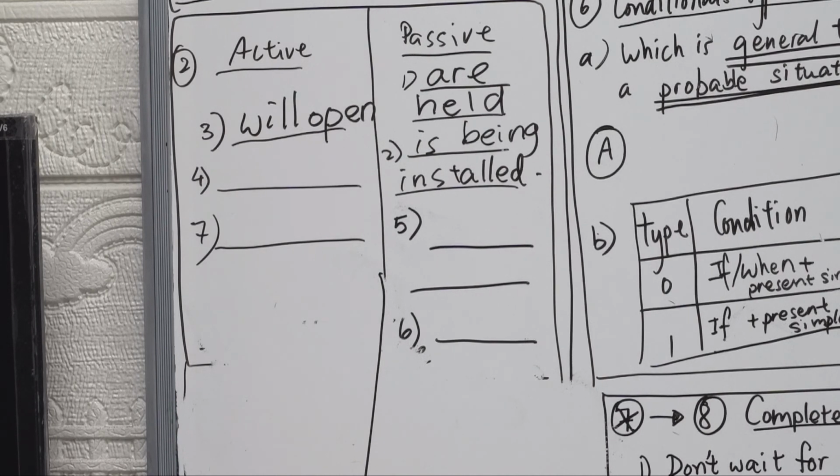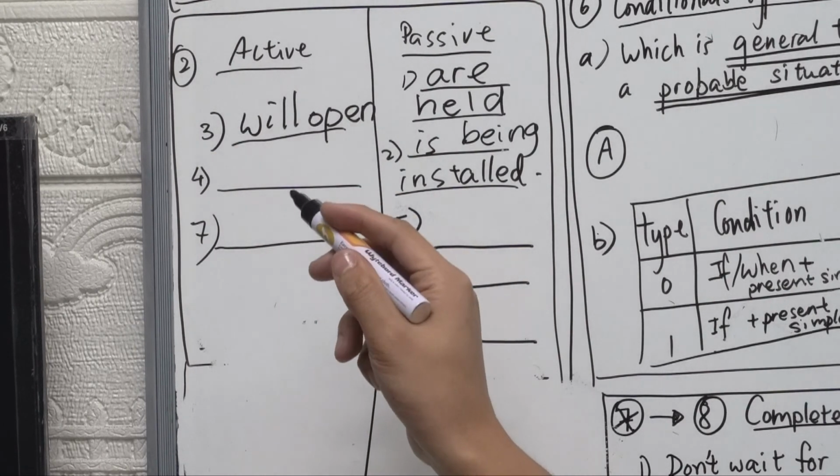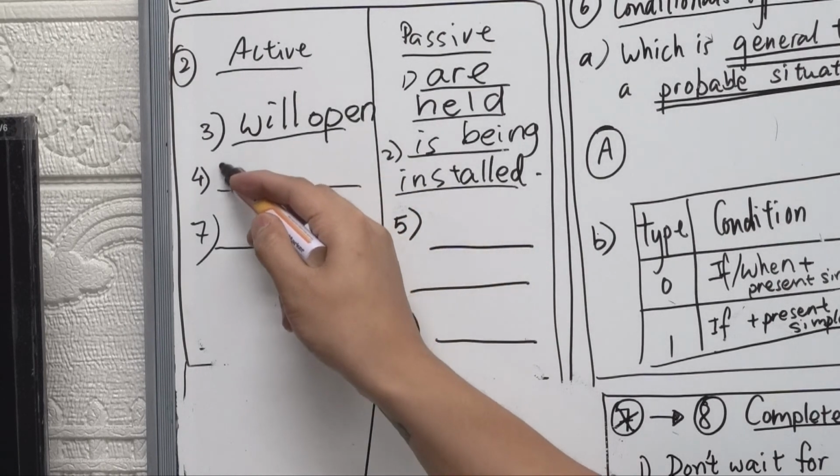So TV producers have they or have they not? Did they or did they not? The answer is no, right? Have not broadcast. Very good. Broadcast, not broadcasted. Okay. So have not or haven't.